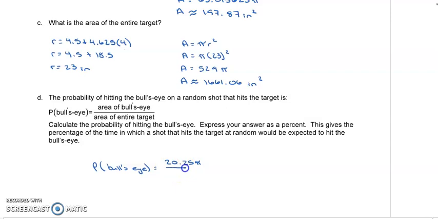Notice I went back to my exact answer so that my percent is not as far off. And then the entire target is 529 pi. Now those pi's cancel out and we can divide these out. And so as a percent, we get about 3.83%. So randomly, if you hit somewhere on the board, you have about a 3.83% chance of hitting the bullseye.